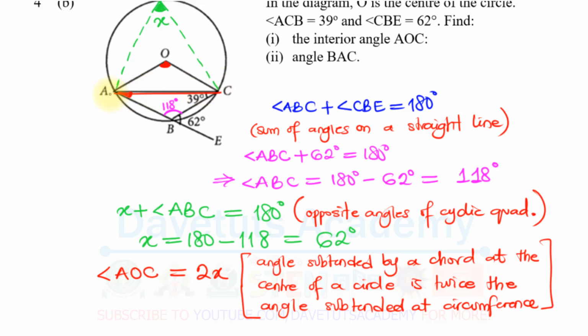For this chord, these two angles are the ones starting and ending with the chord. So angle AOC is at the center, and this angle X is at the circumference. So by reason of that theorem, this angle at the center is twice the angle at the circumference.